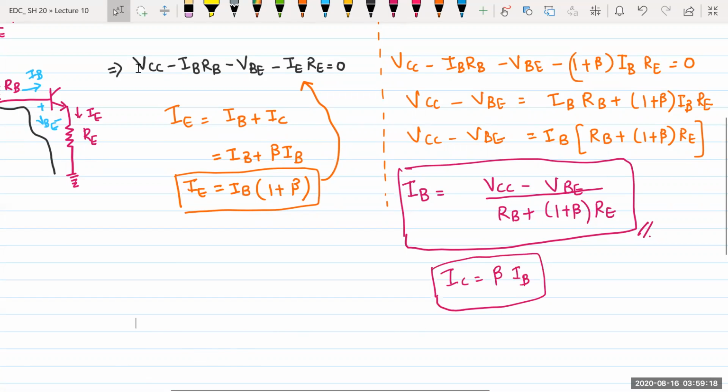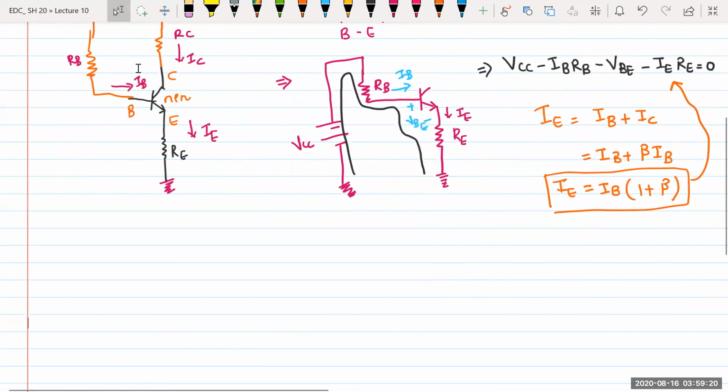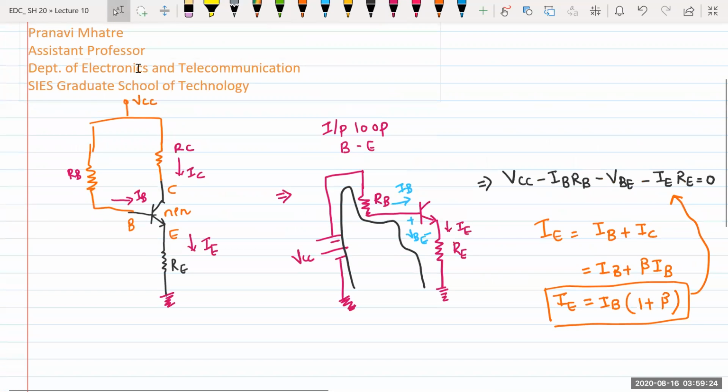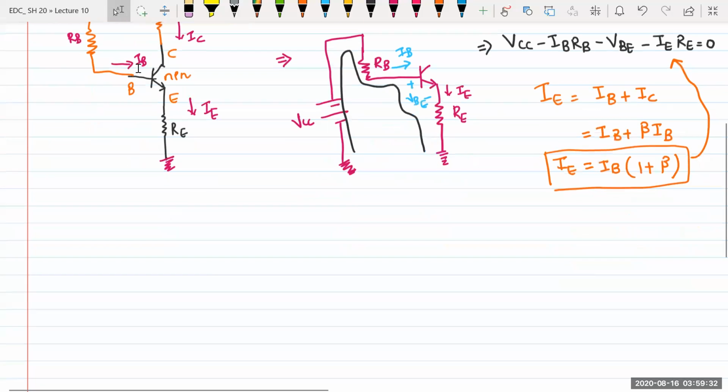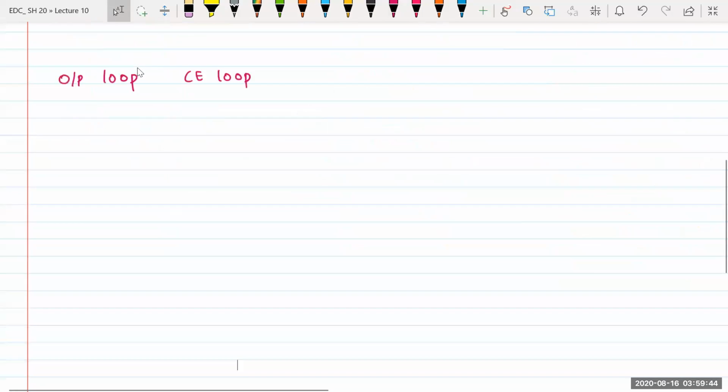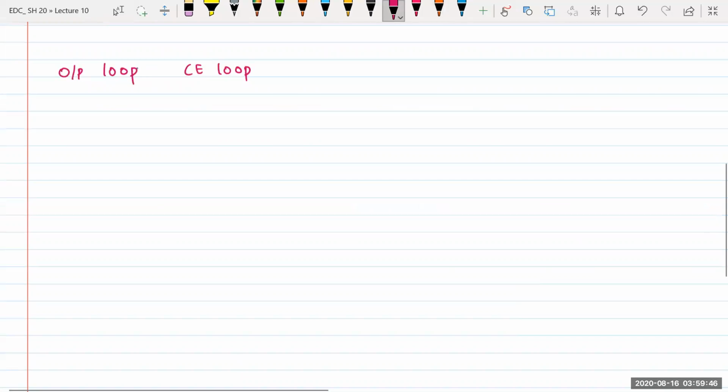We will consider all the parts which are connected to the collector and emitter. Whatever is connected to the collector and whatever is connected to the emitter will come into the picture.